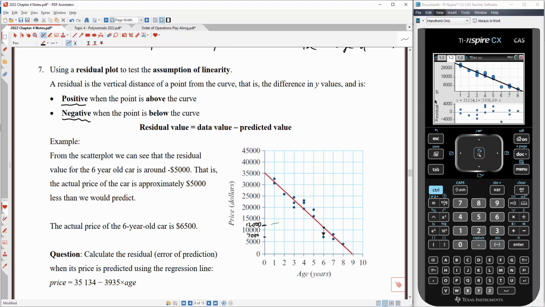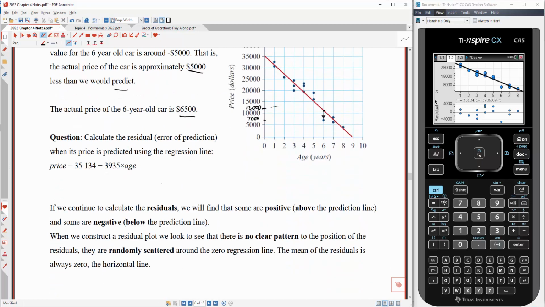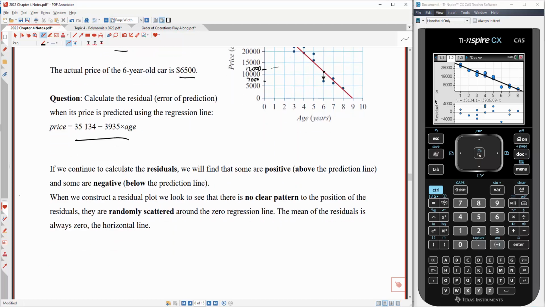And because it's below, we say that it's negative. So what does that mean? That the actual price of the car is approximately $5,000 less than we would predict, when the actual price of a 6-year-old car is $6,500. So let's calculate a residual: the residual error of prediction when its price is predicted using this.